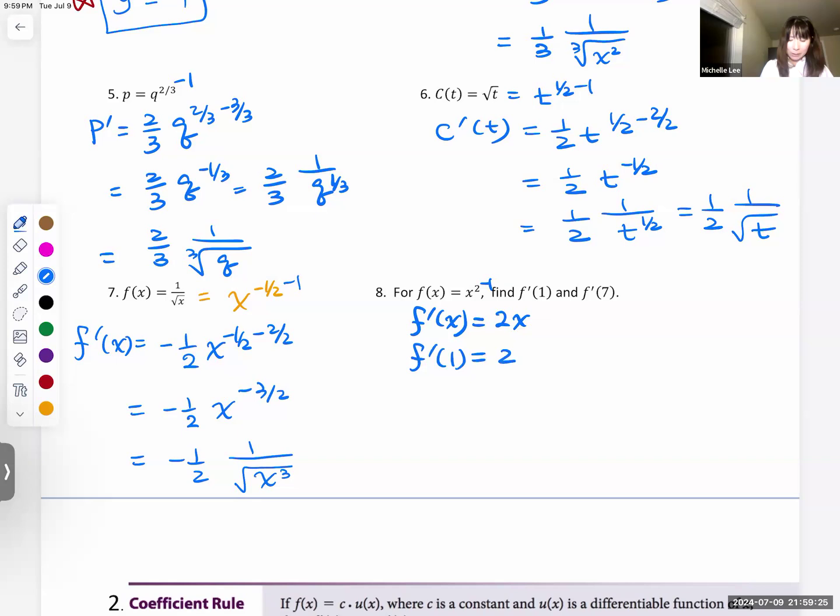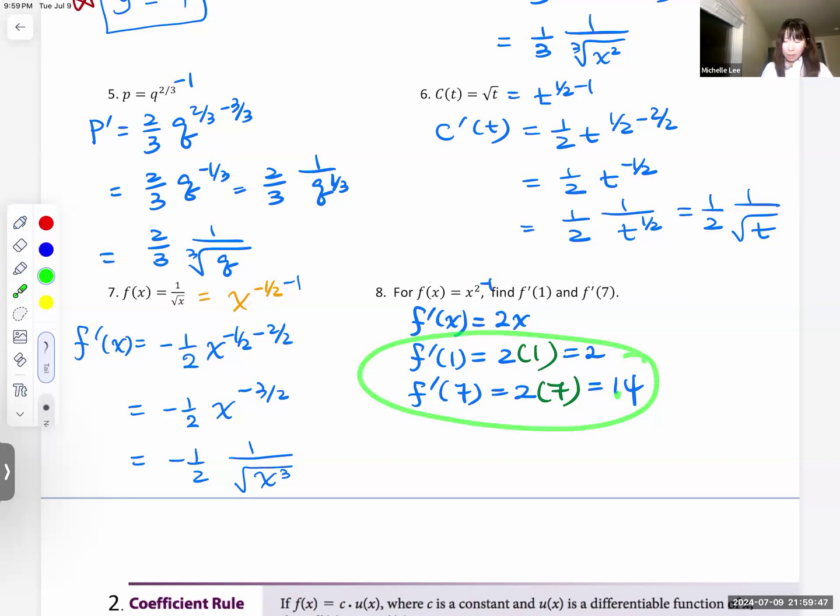So 2 times 1 equal to 2. f prime of 7 equal to 2 times 7 equal to 14. Okay, so in that case, x squared looks like that, right? For your reference, x squared.